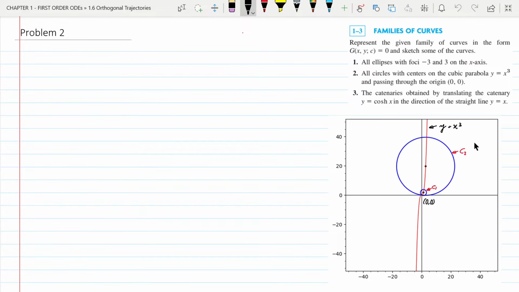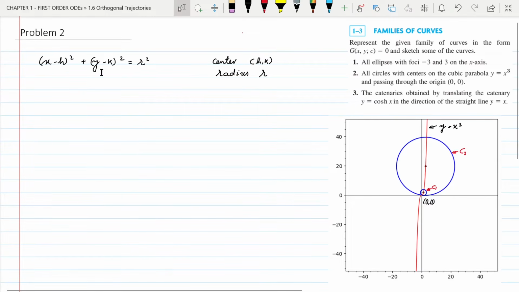So now first we will write the general equation of a circle. So this is the general equation of a circle with center at h, k and radius r. So the equation is x minus h whole square plus y minus k whole square equal to r square. So from this equation we are going to derive the general equation of the family of curves.